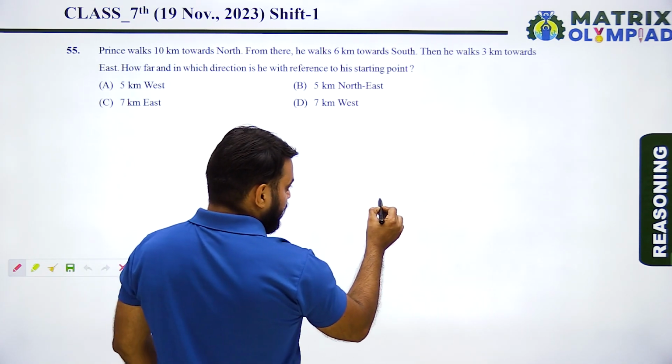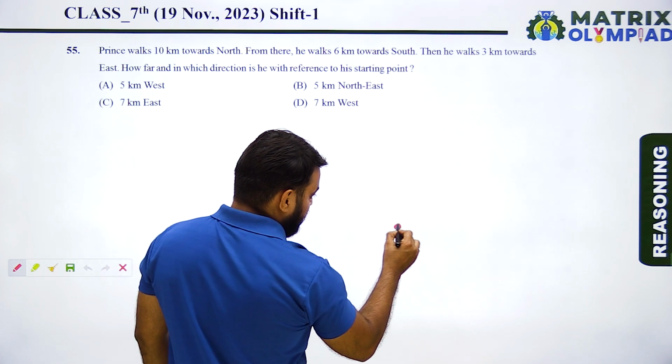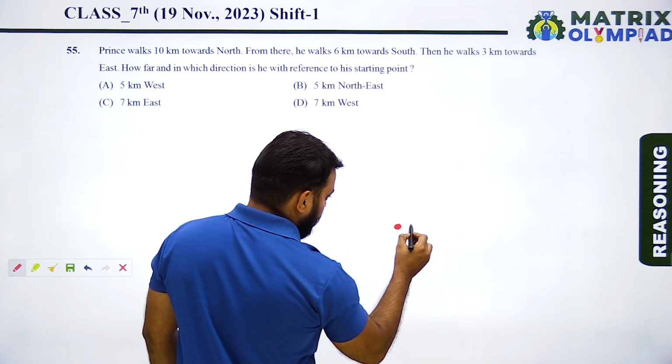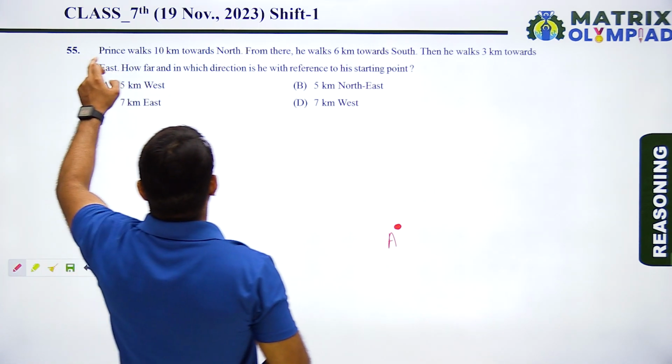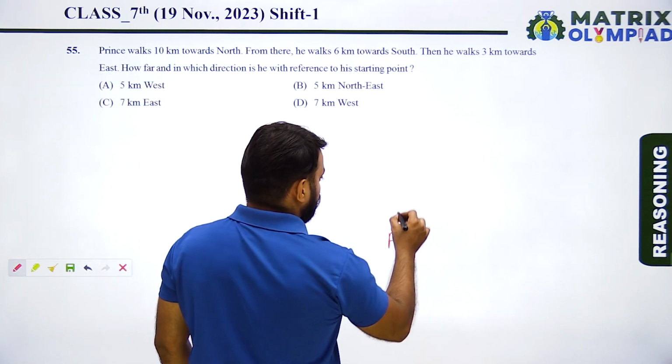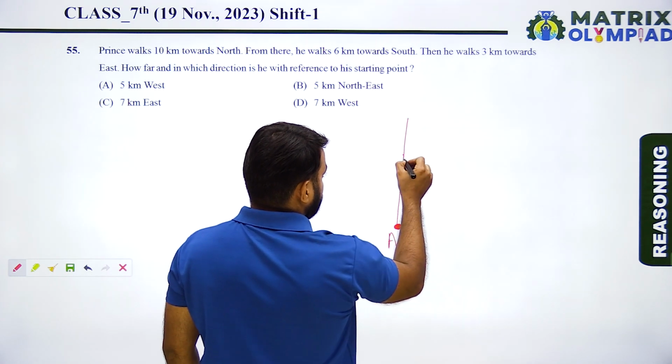So let's suppose A is the starting point of Prince. Prince walks 10 km towards north.